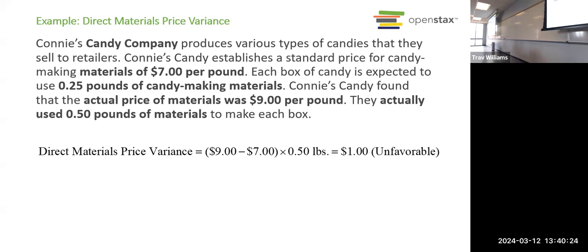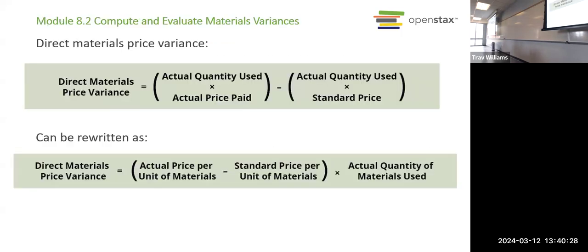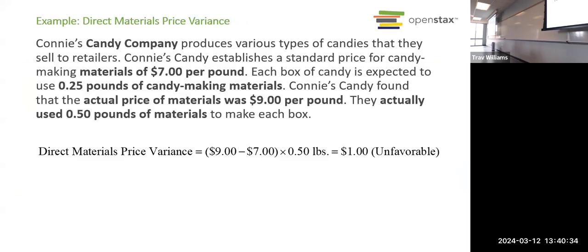Here's another way to think about it. If we were to use the other formula, we said actual quantity times the actual price, right? The actual quantity is half a pound of material. And the actual price was $9, right? So it's actually costing us $4.50 per box for materials.